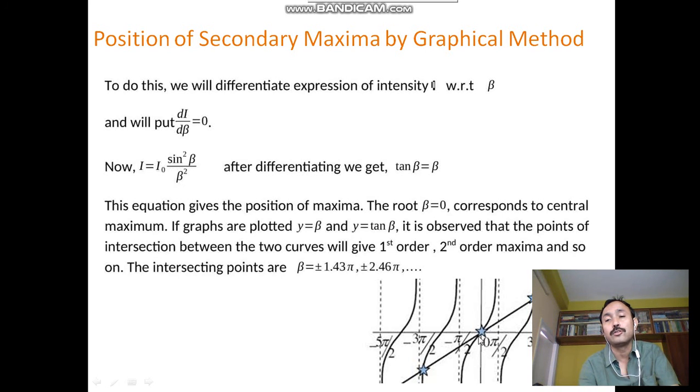The other points are not exactly 3 pi by 2, it is 1.43 pi, which gives the first order secondary maximum. The next is not exactly 5 pi by 2, it is 2.46 pi, which gives the second order secondary maximum. So this is how we can find the points where the secondary maxima are produced, graphically. Thank you.